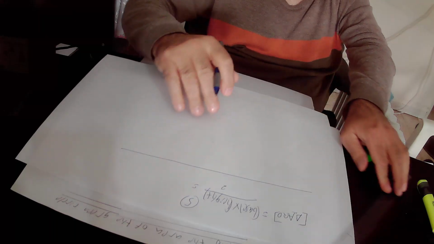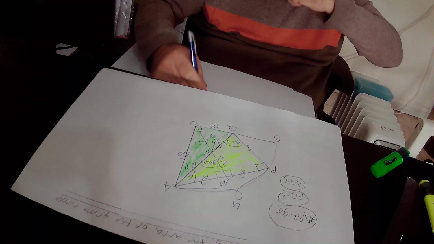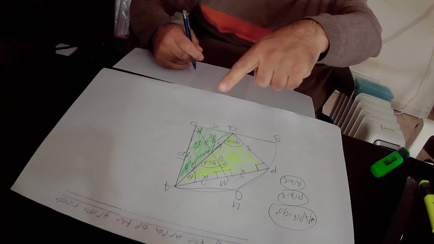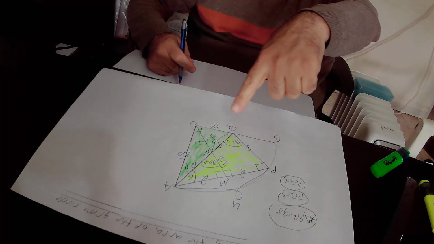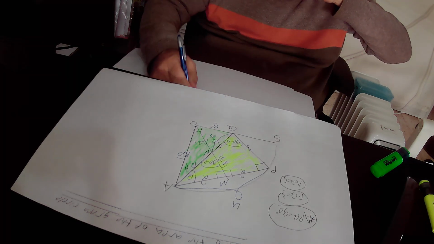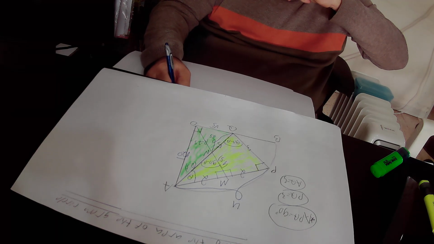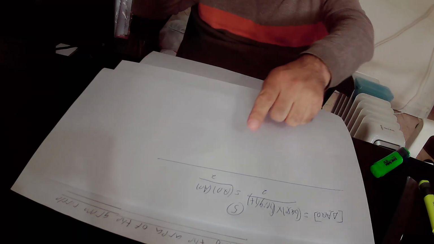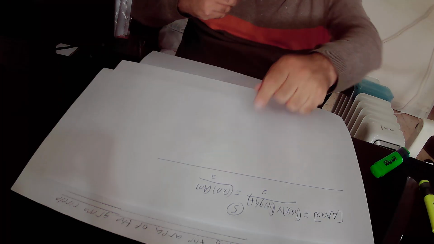So here the base of the green triangle AQO is QO, and the height is AO. Why is the height AO? Because it creates 90 degrees here with the base QO. Repeat again. The base of the green right triangle AQO is QO, the height is AO, over 2.